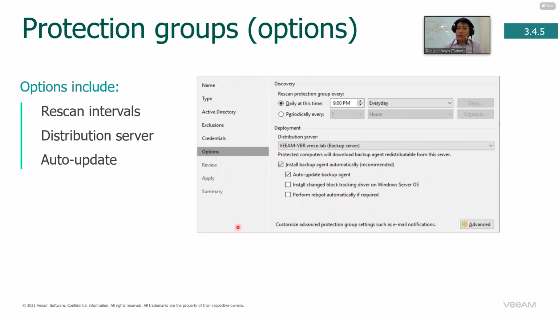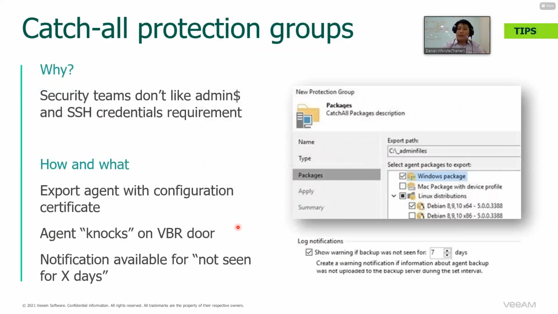Okay, so next thing you will see here, we have a newer one in V11 called Catch-all Protection Group. Catch-all Protection Group will be utilizing different methods of doing things.